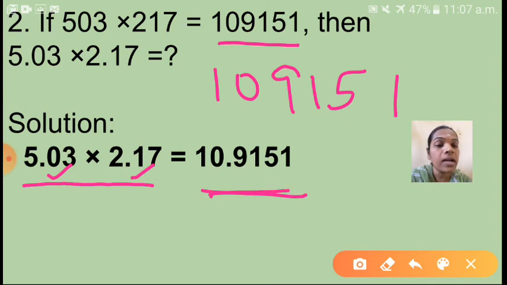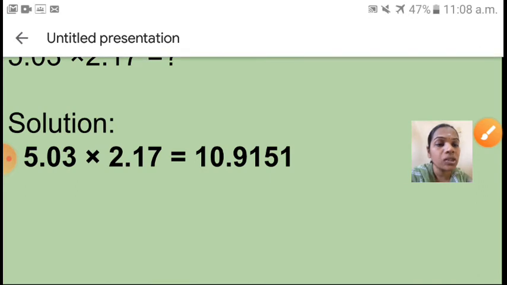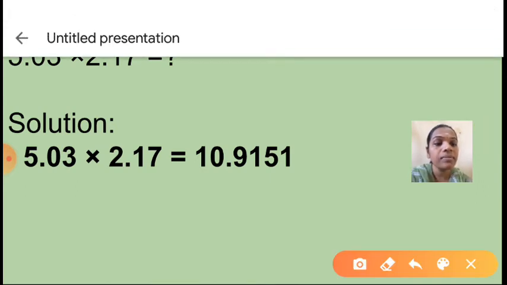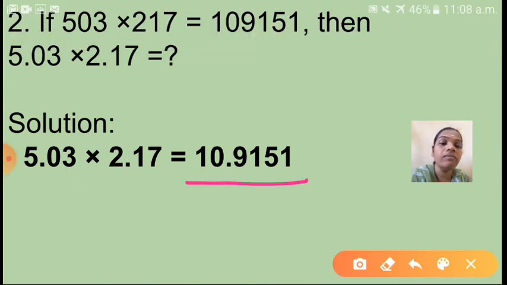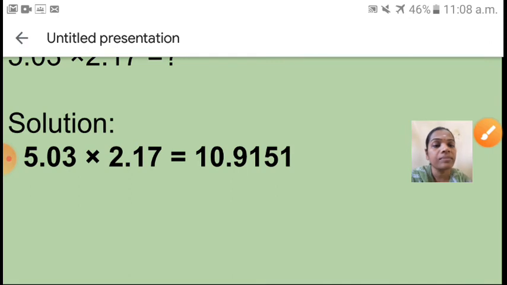So in the answer, 4 digits will come after the decimal point. Children, count 1, 2, 3, 4. So you have to put a decimal point here: 10.9151. Okay children, understood now? So your answer is 10.9151. Shall we go to the next now?